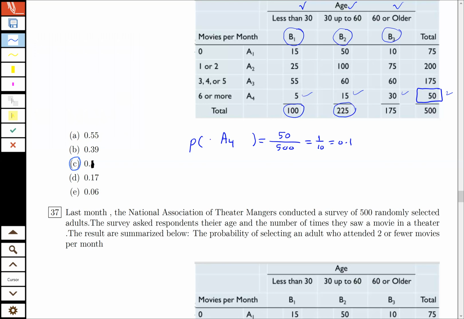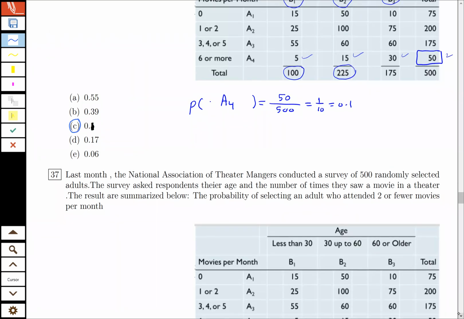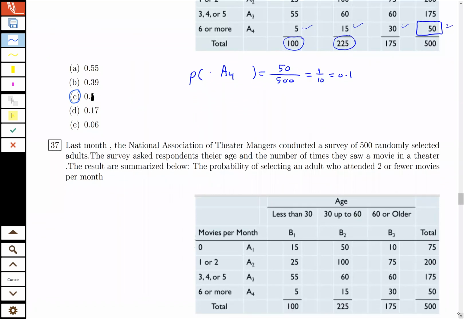Now, same question, but here he's asking about the probability of selecting someone who attended 2 or fewer. That is very important to notice. When we say 2 or less, where do we see 2 or less?